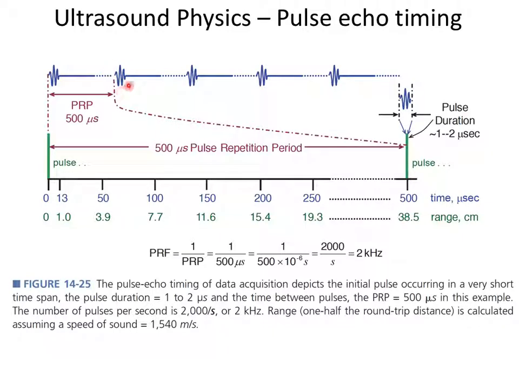So I can make this duration pretty short if I have a high frequency and get a number of vibrations in there. In most systems, we're looking at 1 to 2 microseconds per pulse. Right? So when you're looking at 20 megahertz, that is a relatively long period of time. It gives you at least enough for a few oscillations here.